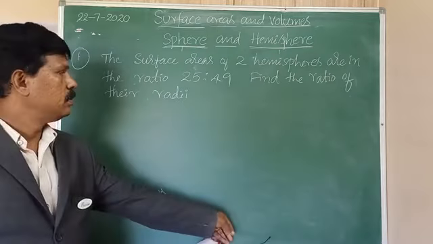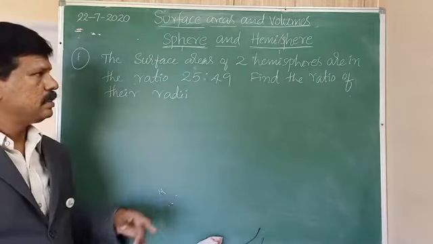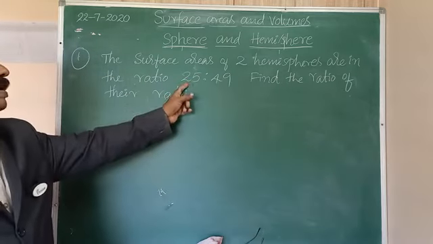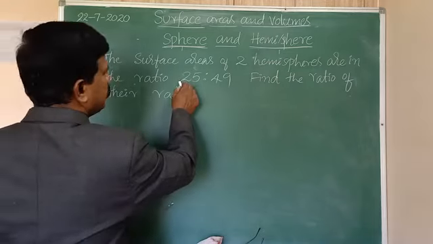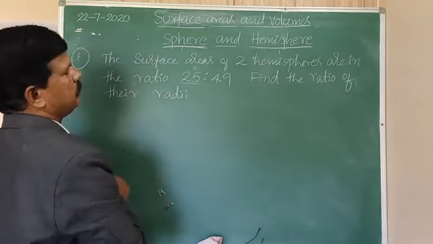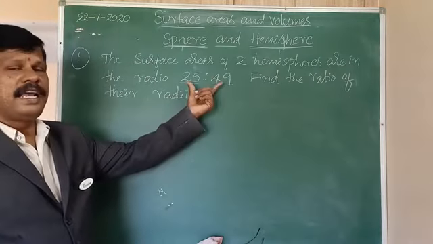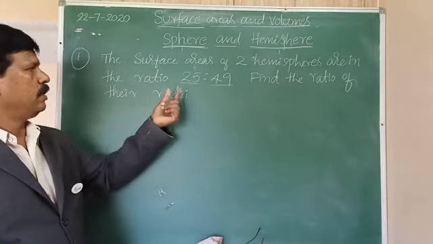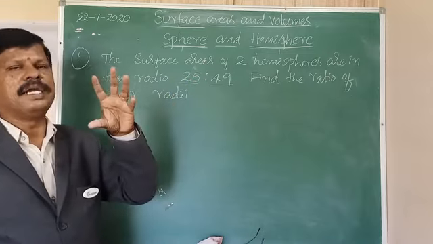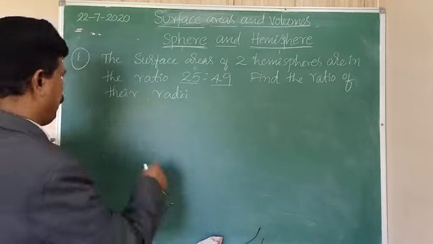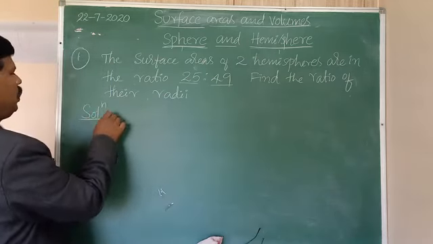See here, the surface areas of two hemispheres are in the ratio 25 is to 49. So look at this. Here surface area is 25 and another one is 49. Now from this area itself we can conclude that this is the smaller sphere and this is the bigger sphere. So let us take the solution.